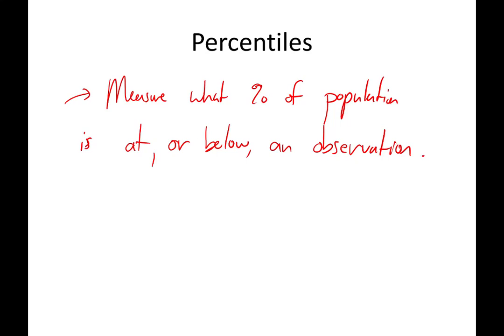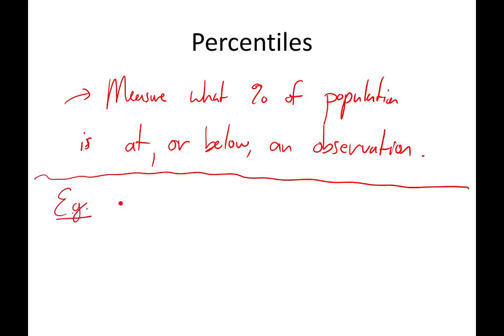Okay, and the nice thing about percentiles is we actually already have looked at one percentile. The median is a percentile. What percentile is the median? Yeah. The median is the 50th percentile, right?